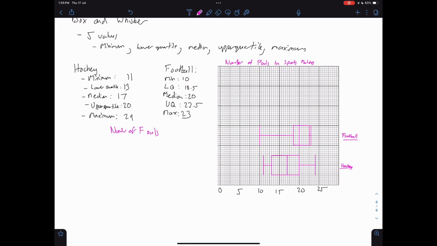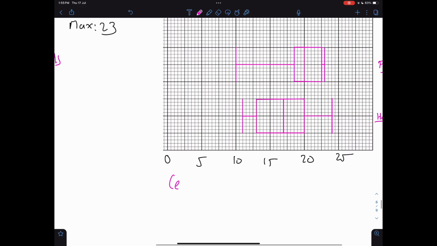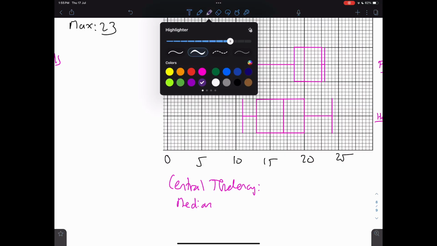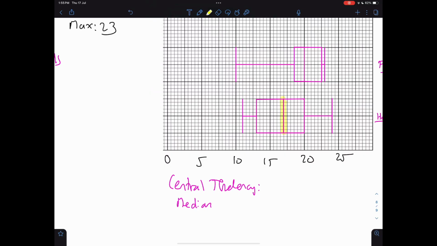So how can we pick this apart? How can we analyse this? So for central tendency, always talk about the median for the box and whisker, because the median is given right in the plot. That's your median.